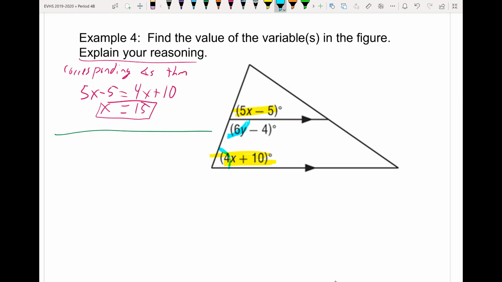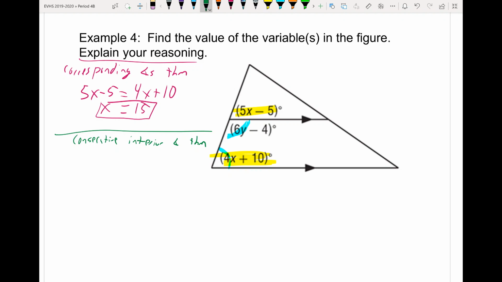What do I know about consecutive interior angles? They're congruent. They are not congruent. They are supplementary. Sorry, let me finish writing. Okay, consecutive interior angle theorem says that consecutive interior angles are supplementary.